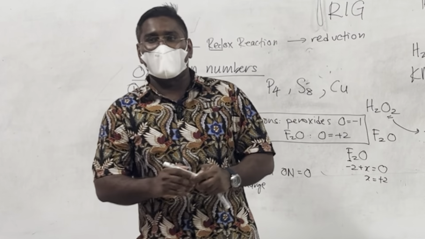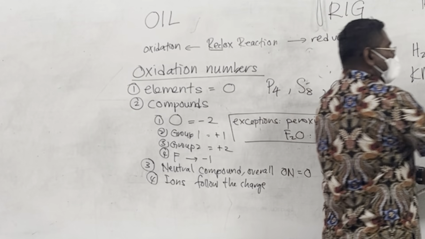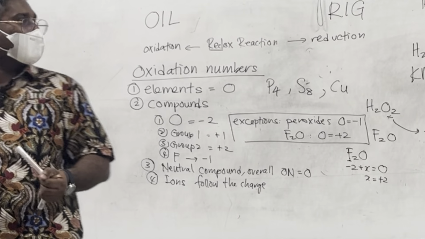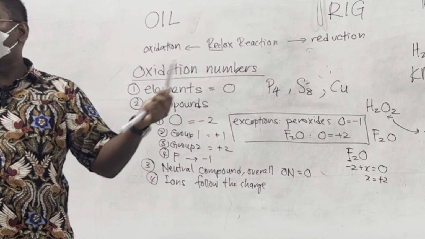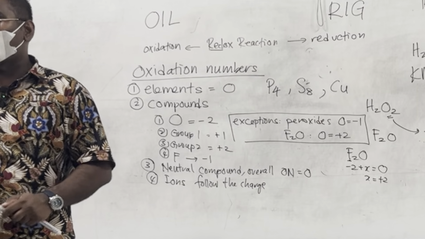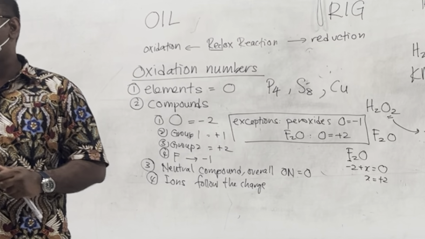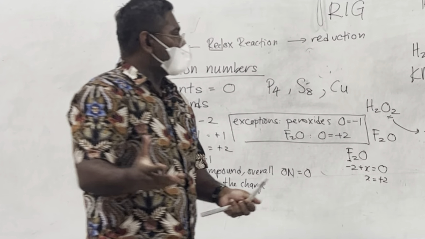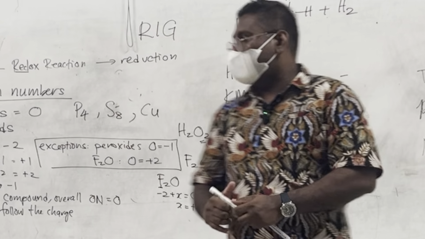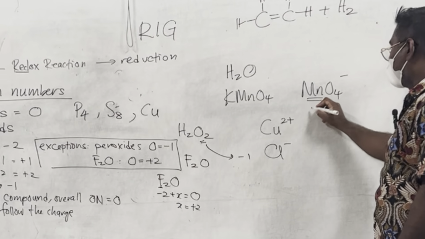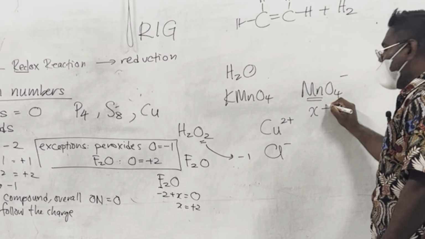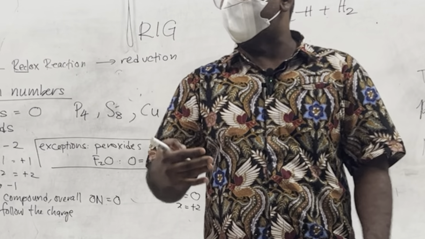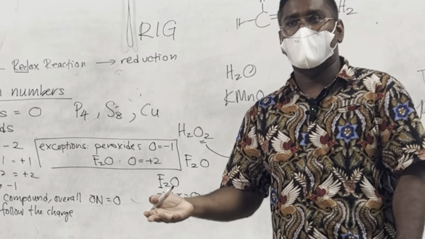Now, if I ask you to calculate the oxidation number of Mn over here, can you calculate? You don't know it directly. Can you calculate the oxidation number of Mn in MnO4-? You should be able to. Why? Because for Mn, you just put X. Oxygen, generally, the oxidation number is negative 2.